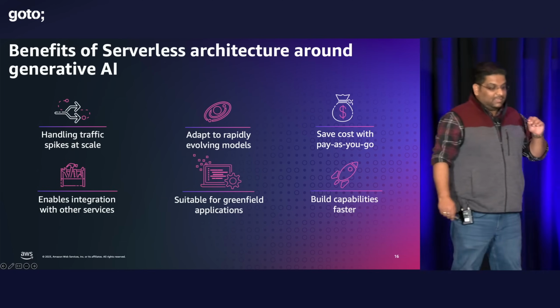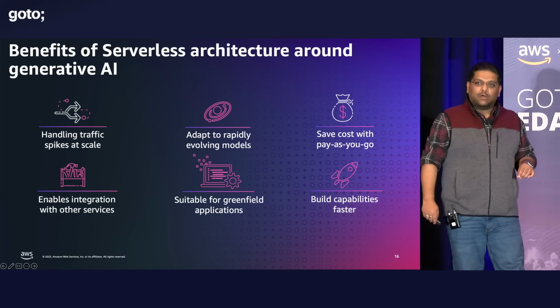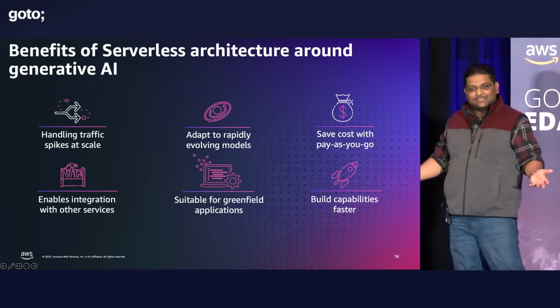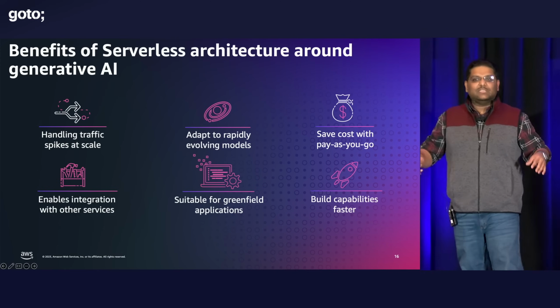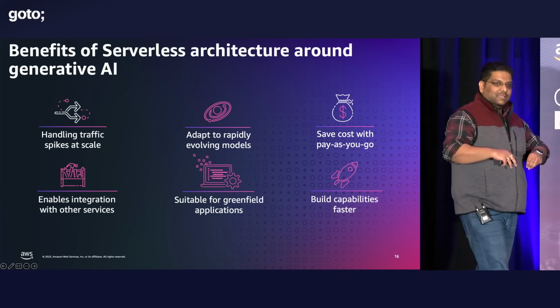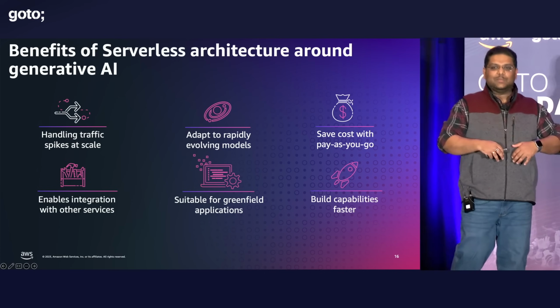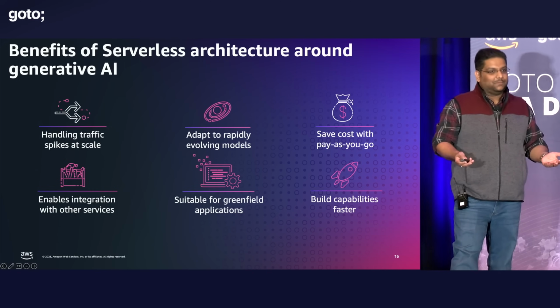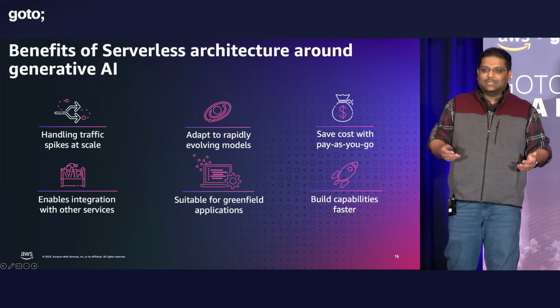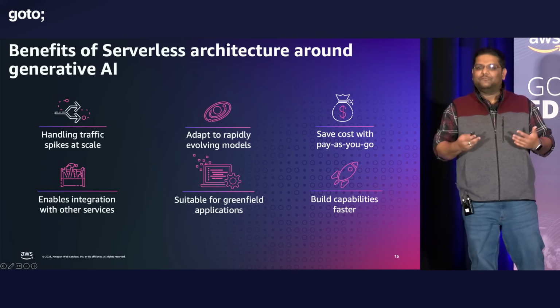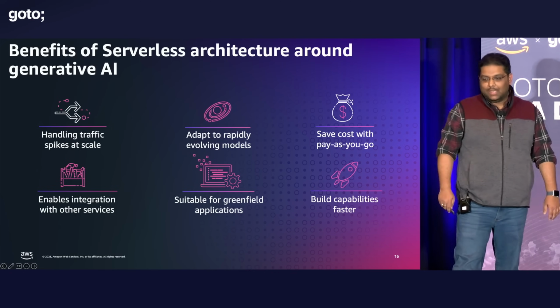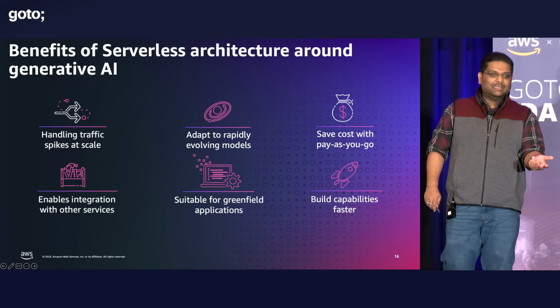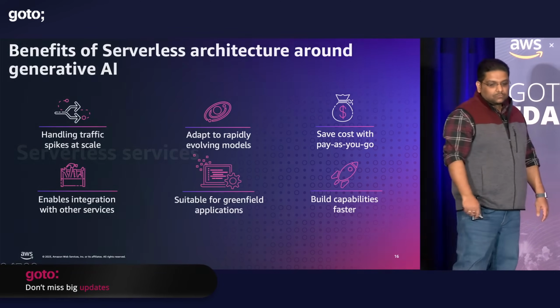So this is one of the biggest examples of a greenfield application, because GenAI is greenfield by itself, where serverless fits best. When you think about serverless and you're building something new, you would ideally think of going serverless first. And GenAI is new, so it immediately fits to become serverless first. And the result of that is that you can build capabilities faster.